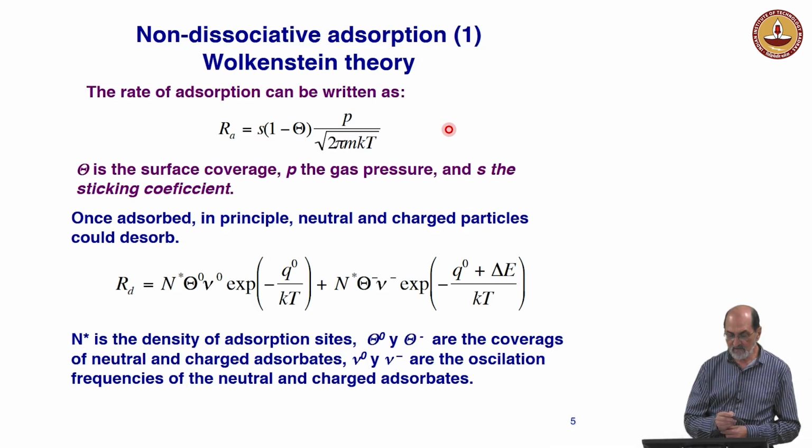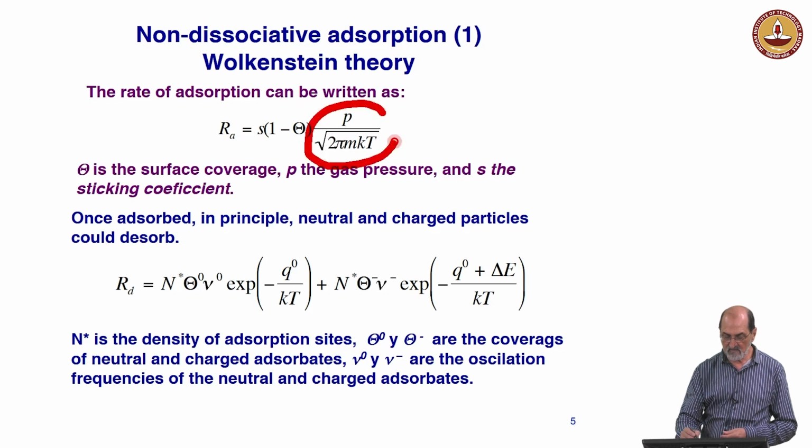And from the kinetic theory of gases, it's very easy to know that this is this. That the number of atoms that are landing on the surface is proportional to the pressure, inversely proportional to the square root of 2 pi m k T. This is not difficult to know.